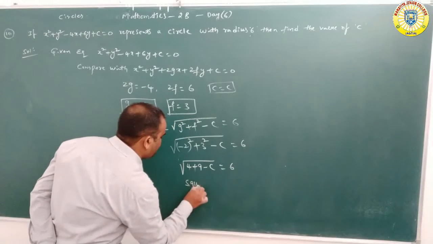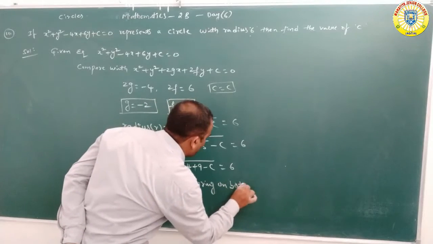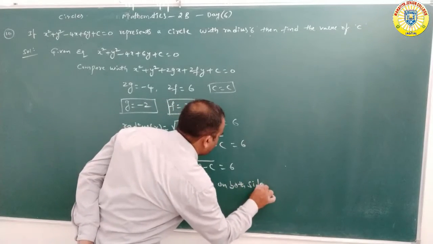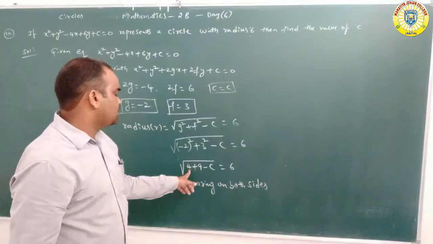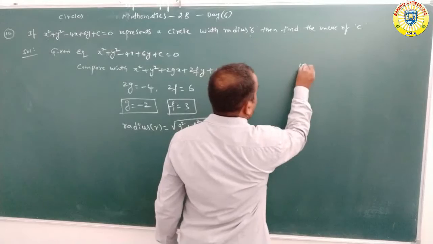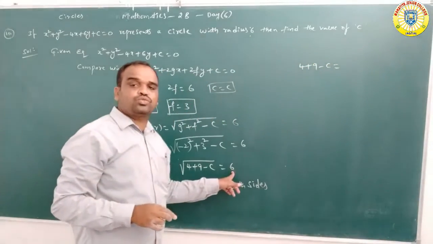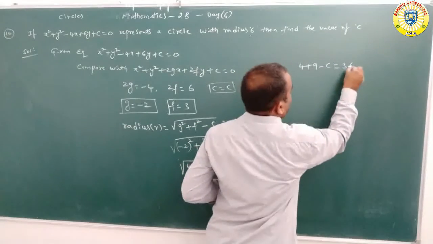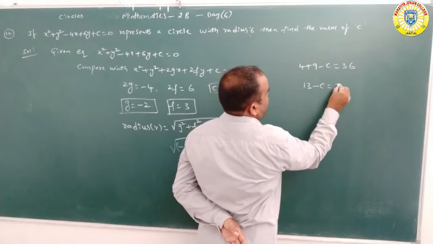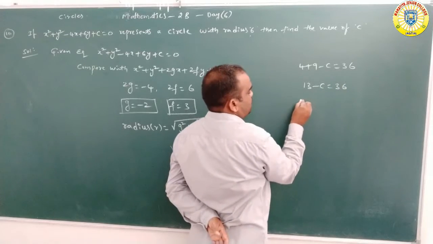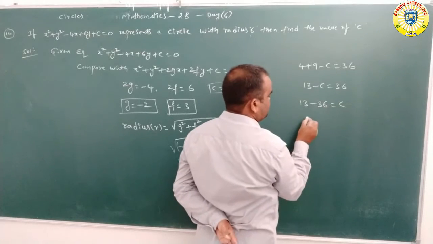Squaring on both sides, we get 4 plus 9 minus c is equal to 6 square, which is 36. So 9 plus 4 is 13, minus c is equal to 36.